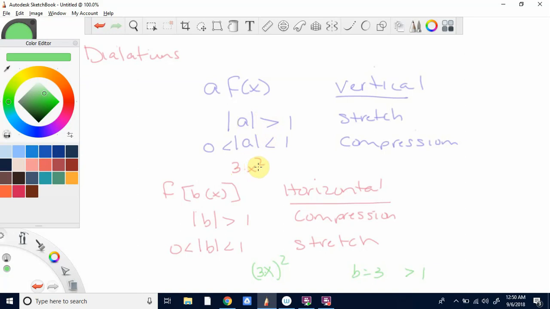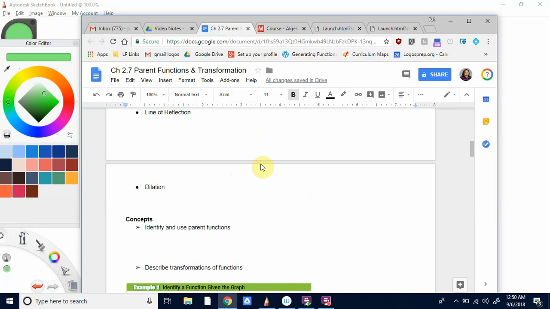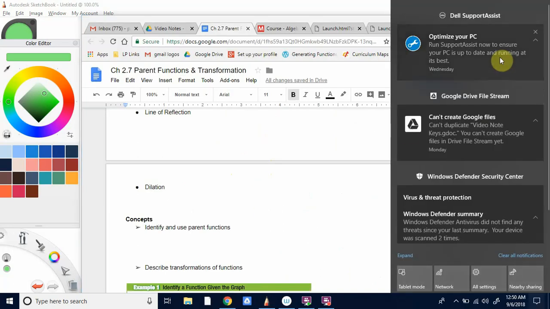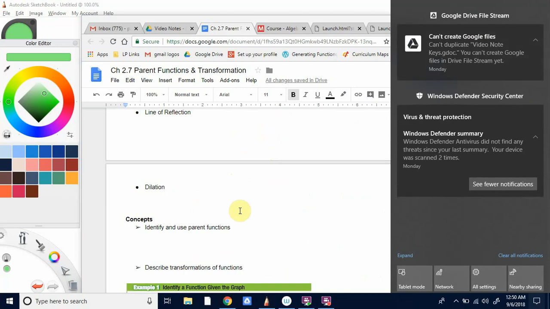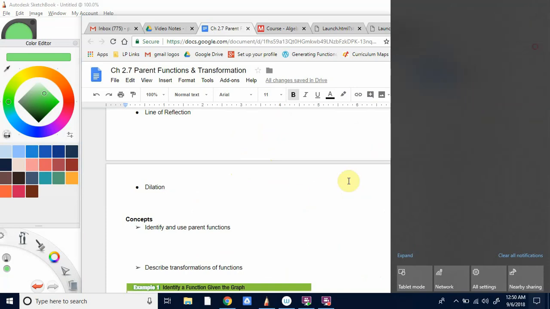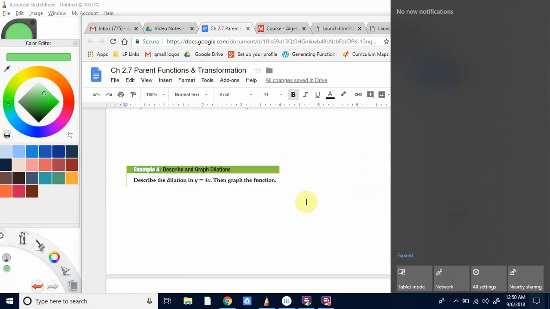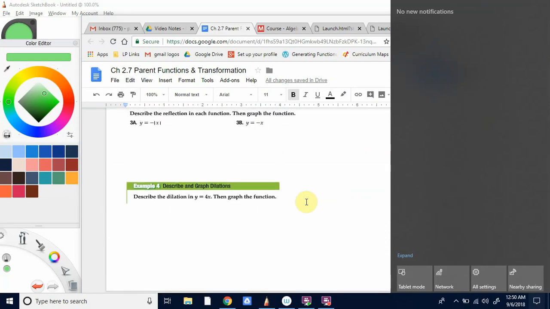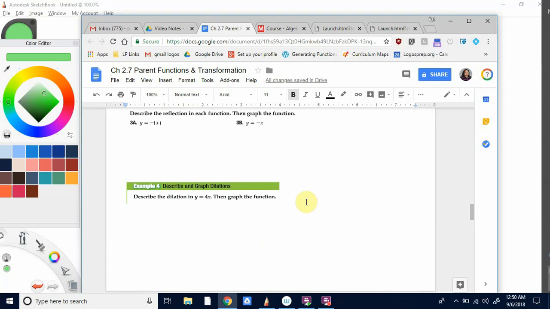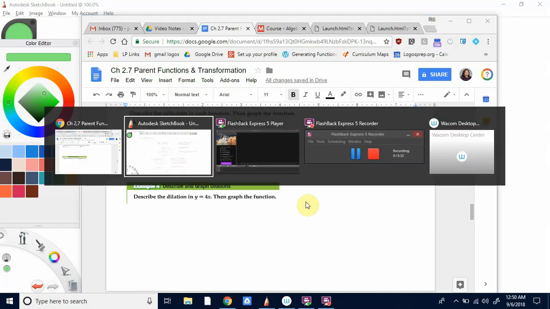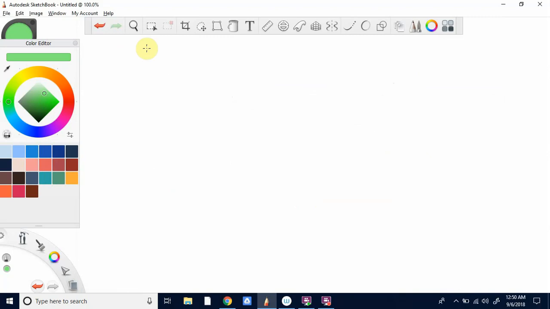All right. So let's go ahead and look at the example. Example 4 says describe the dilation in y equals 4x. So you have y equals 4x.